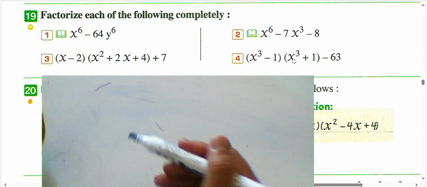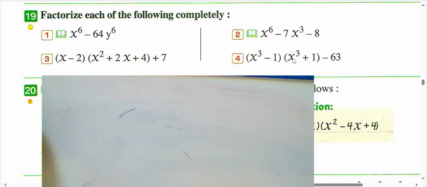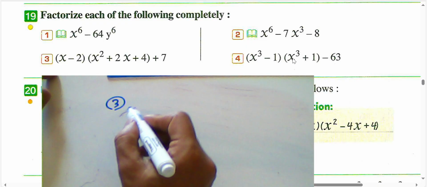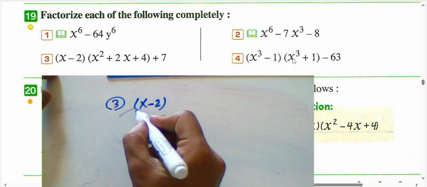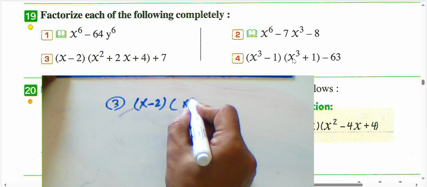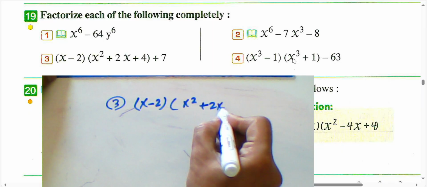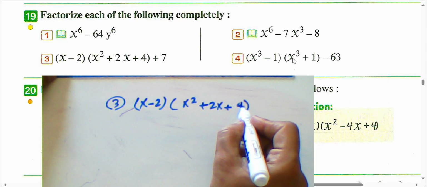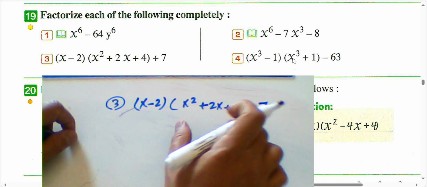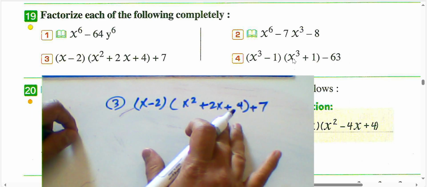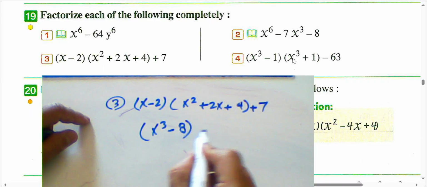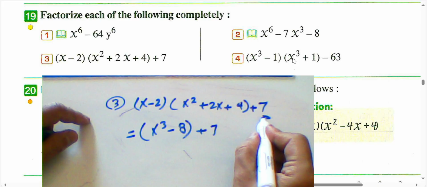Question number 3. We have x minus 2 product by x power 2 plus 2x plus 4 plus 7. We know this expression was factorizing x power 3 minus 8 plus 7 here, okay?